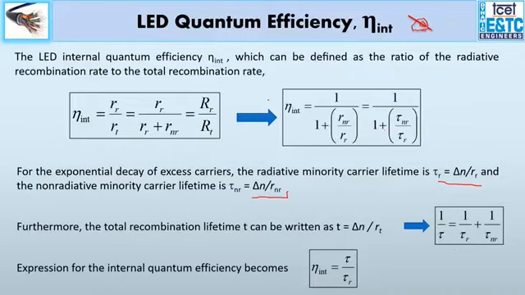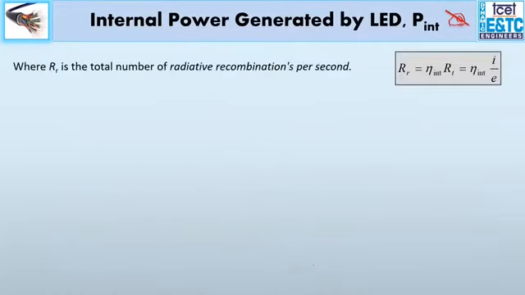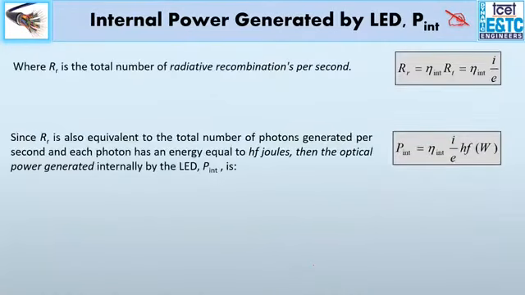This is an important relationship that we need. Sometimes you are given one value and asked to calculate the quantum efficiency using the minority carrier lifetime. This is an important proof, which I have already proved just now.